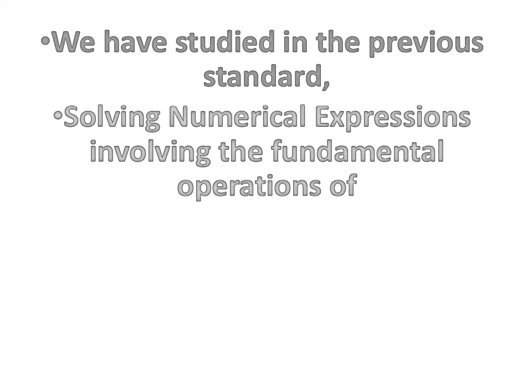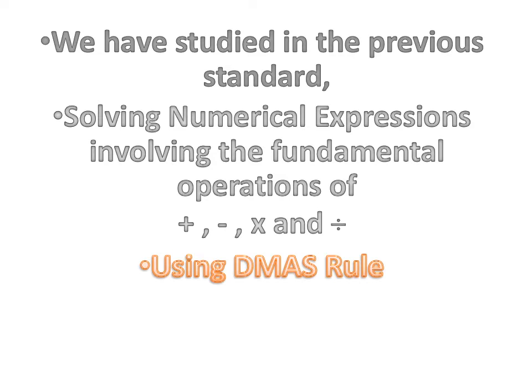Now, we have studied in the previous standard solving numerical expressions involving the fundamental operations of addition, subtraction, multiplication and division using the DMAS rule. Now DMAS rule means, let's see.